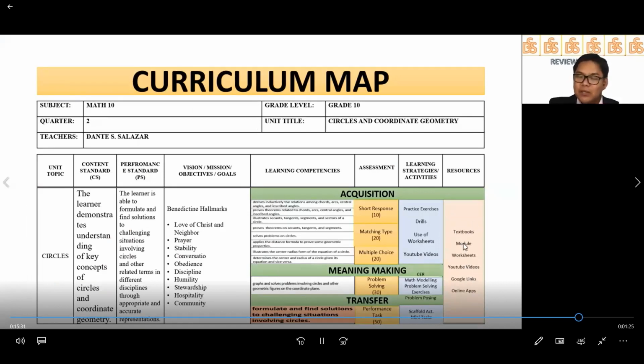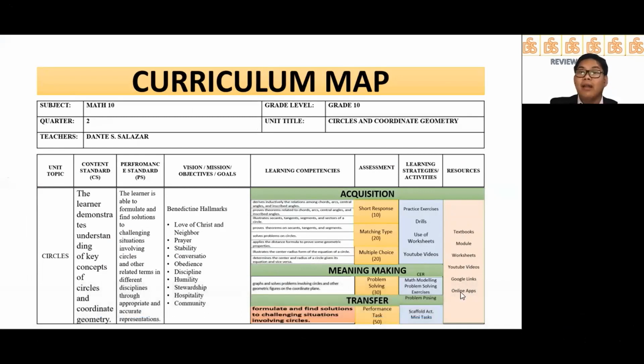Okay, so you may insert here the actual link, the actual videos, so that it will be clickable. All right? So these are my 10 steps to fill out a particular curriculum map. Okay, so I simplified the process so that everybody will understand and will be able to do a curriculum map.